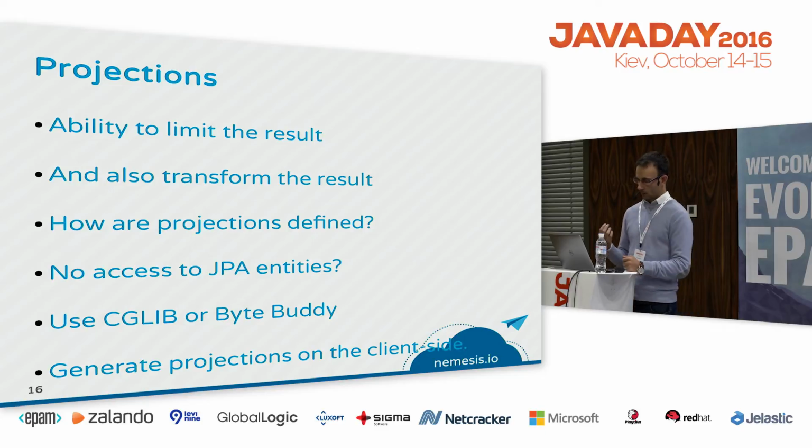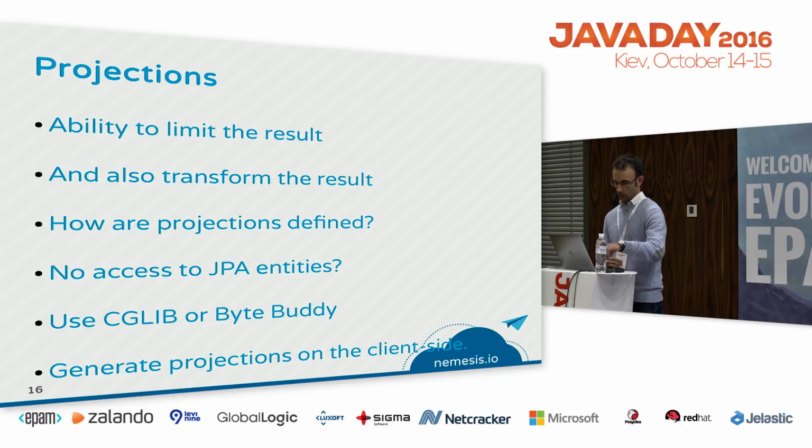However, this really won't work because CGLIB is a really old library which doesn't support annotations on interfaces. And ByteBuddy is quite new, but I had some problems hooking it up into Spring.